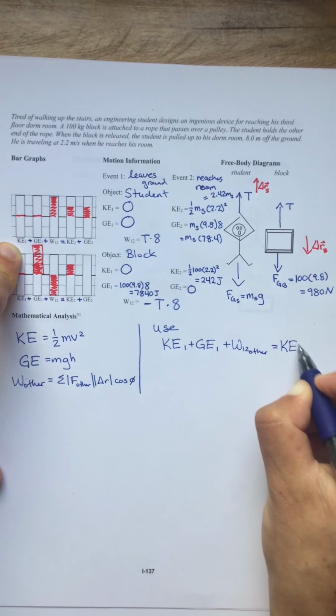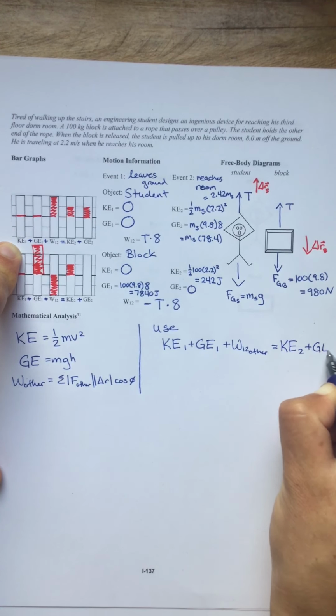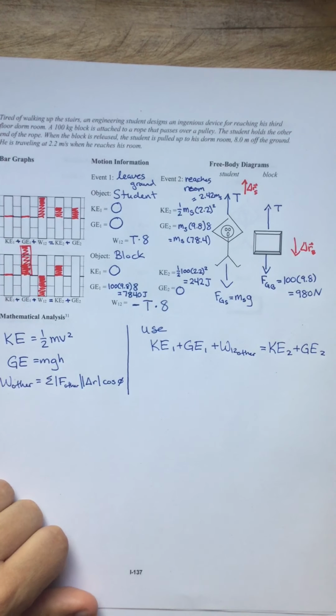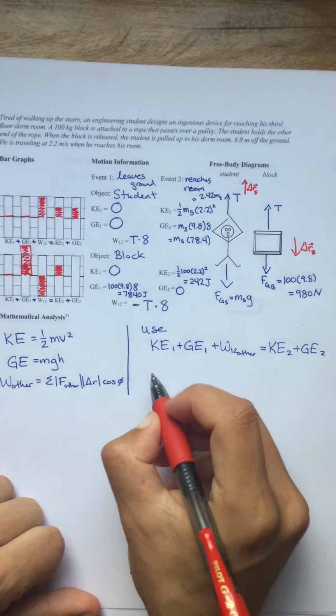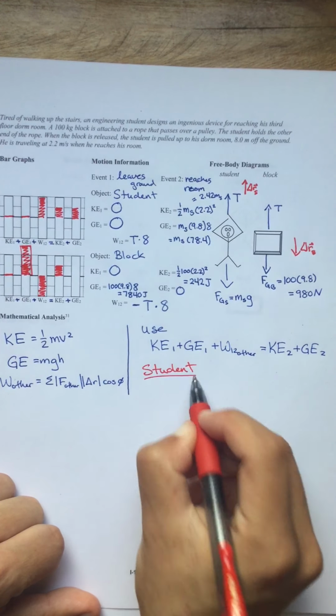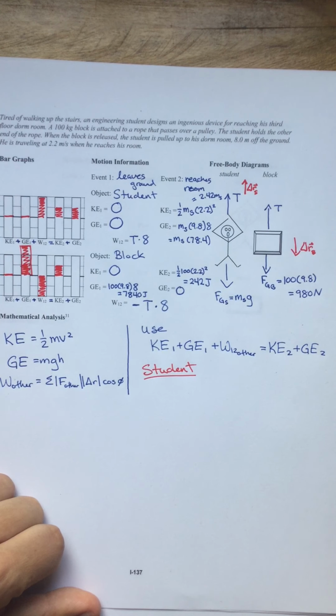This is equal to KE2 plus GE2. Okay, I have to do this for the student and also for the block. For each one, I just look at what I have in my table here.